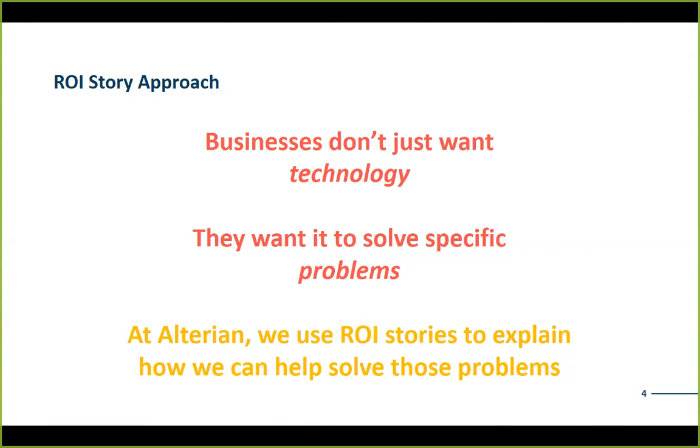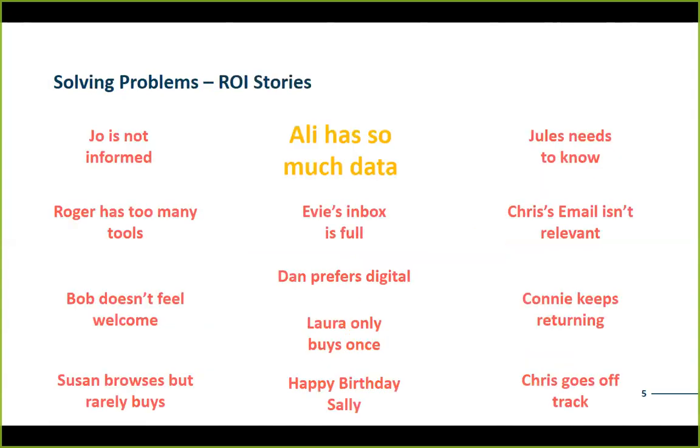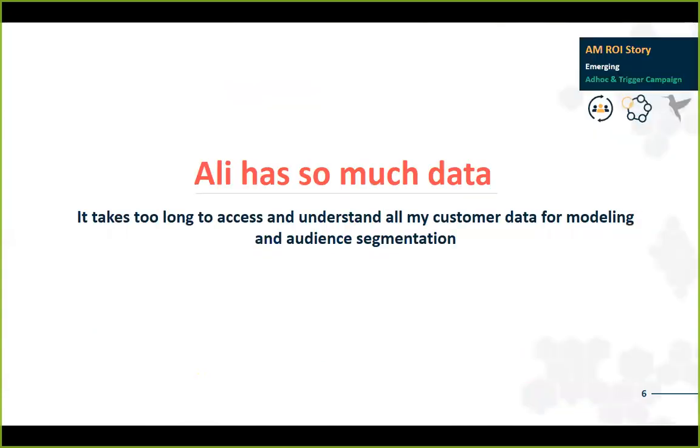We've developed over time a number of these, and I'm going to focus on one of these: Ali has so much data. But we've got a whole number of other ways that our technology is also used by people. It's just to help put it into context of the business benefits you can get from using our technology to solve those challenges we all face. So without further ado, let's go into Ali has so much data.